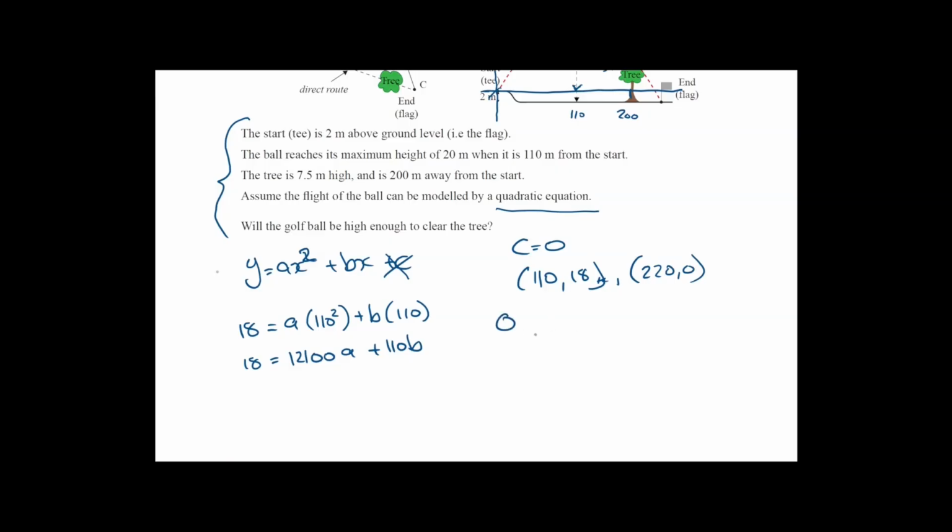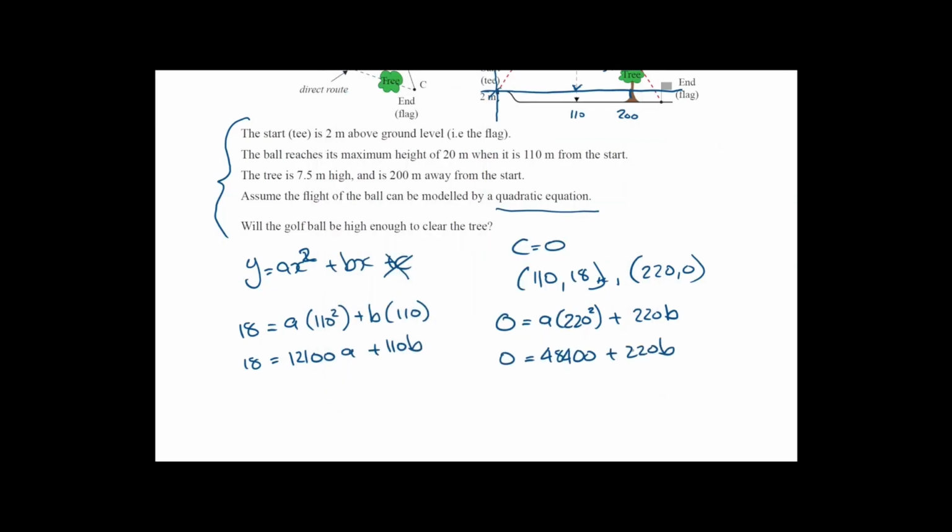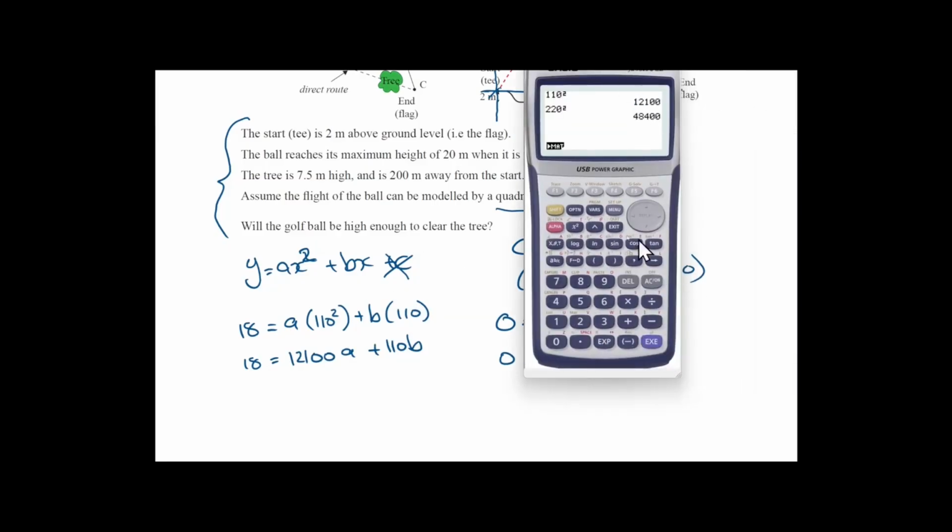So 0 is going to be equal to a times 220 squared plus 220b. 220 squared is 48400.